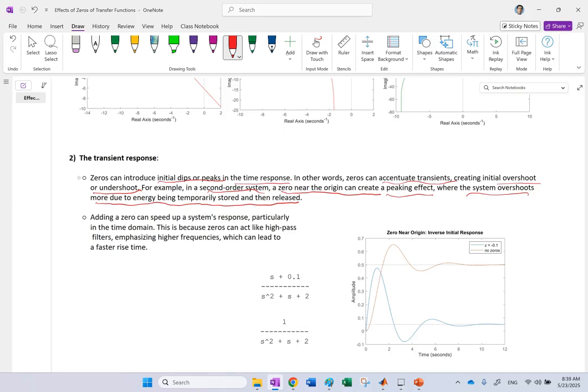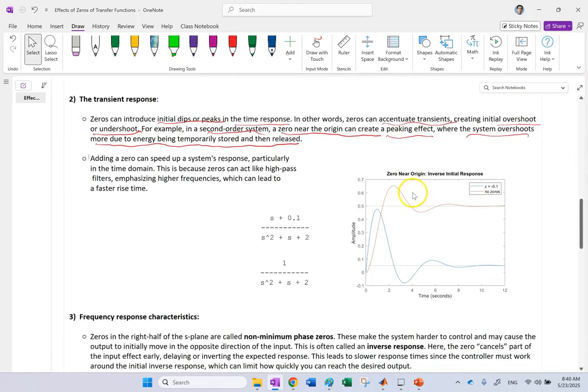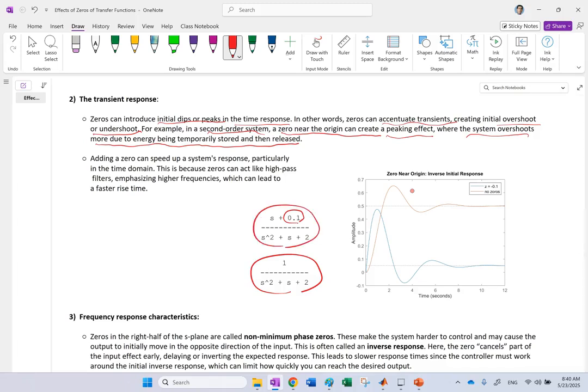So because of that energy stored in the system, it will show an overshoot here. So to show you an example, here we're going to see two systems. The first one has no zero with this transfer function, and the second one we add a zero close to the origin at -0.1, and we're going to see their step response.